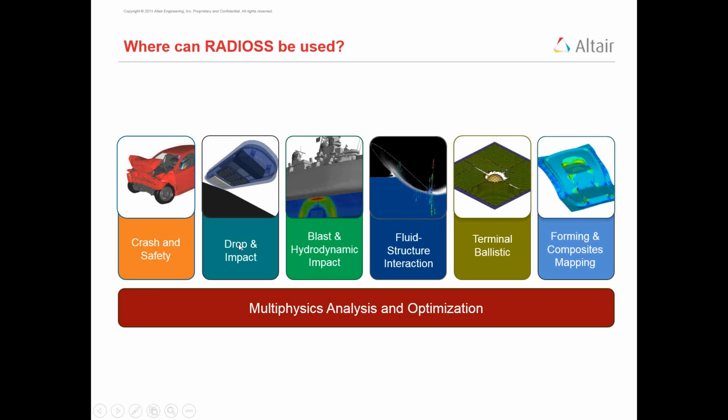It is also used for drop test, blast or ballistic analysis, and fluid structure interaction. You can use it for thermoballistic analysis. You also get high performance for composites. It's really a multi-physics analysis and is also used as an optimization tool.